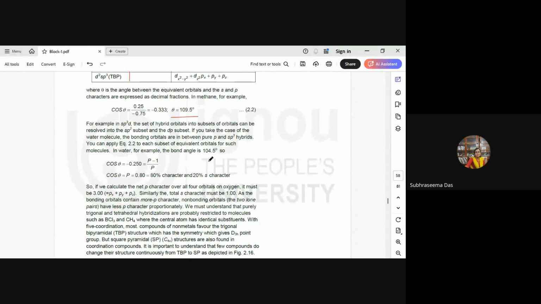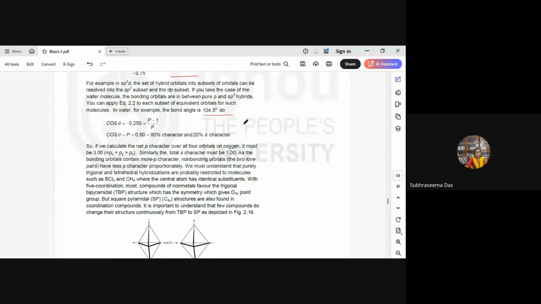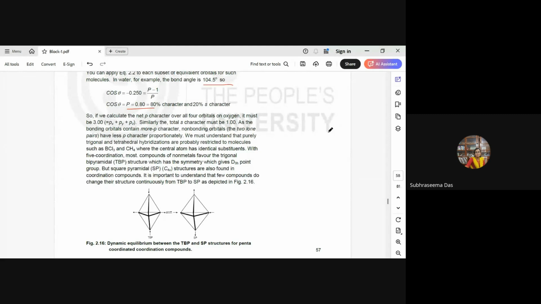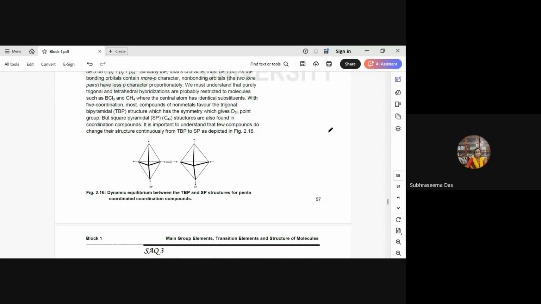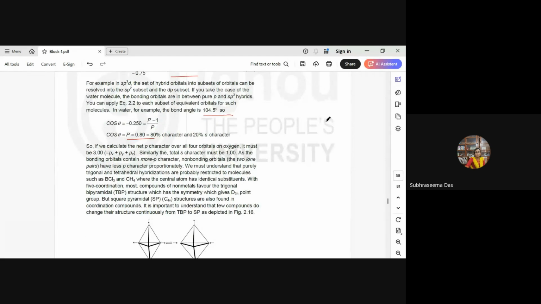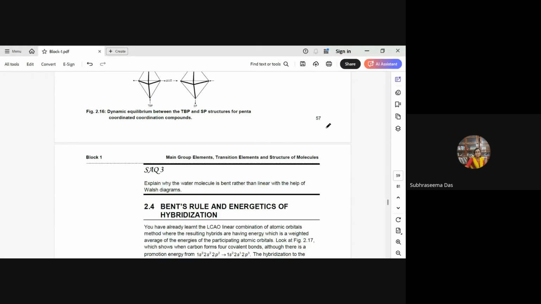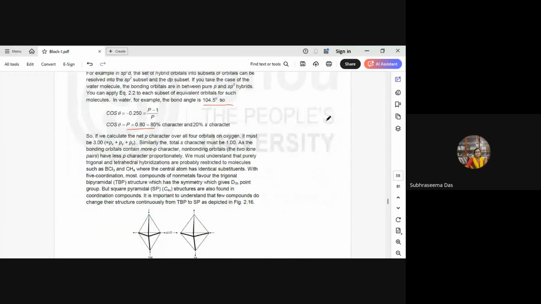In water, the bond angle is 104.5 degrees. So cos θ is 0.250, which equals (p−1)/p. Putting in the values, we find that p is 80%, so the p character is 80% and the s character is 20%. This is how we can calculate the overall p character and s character.